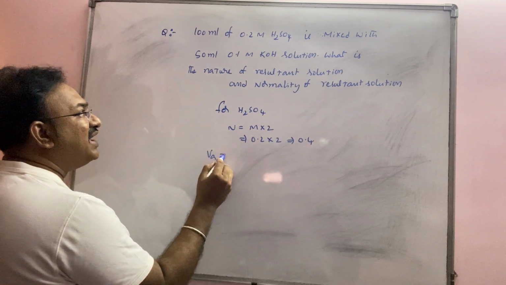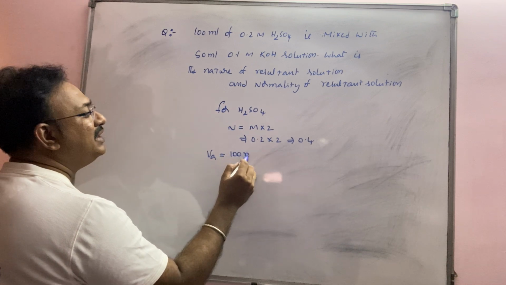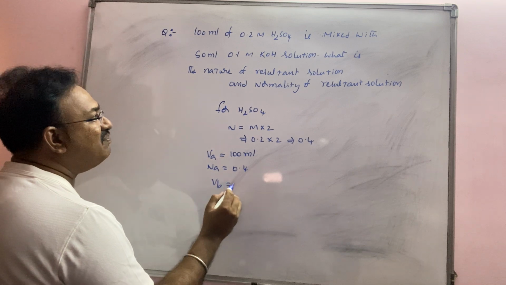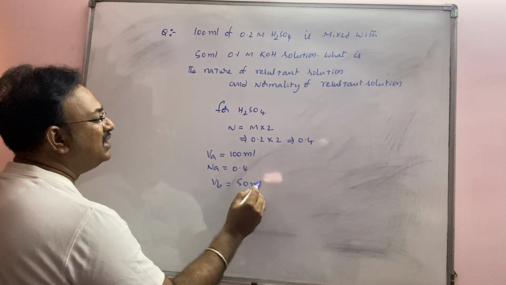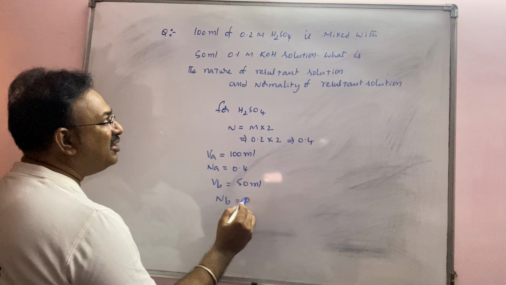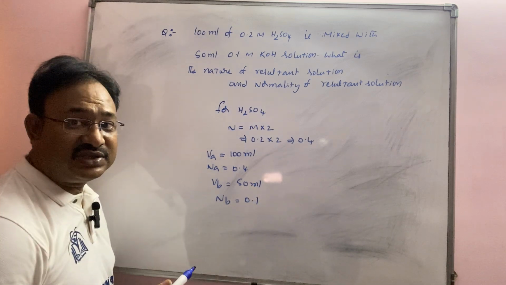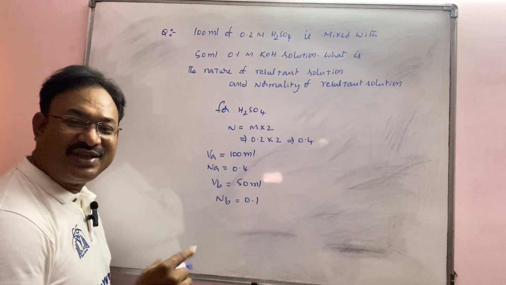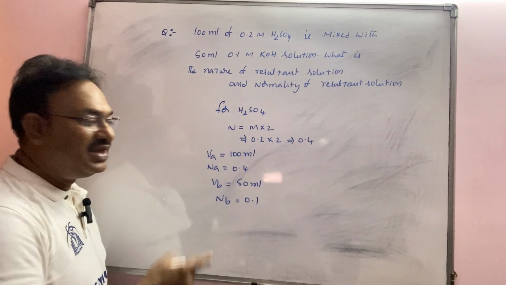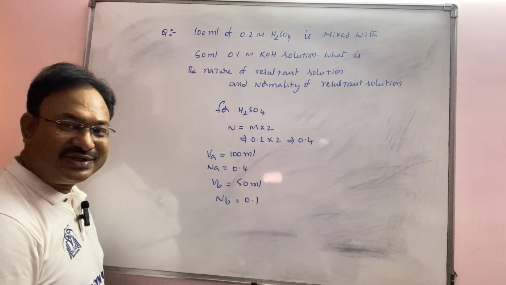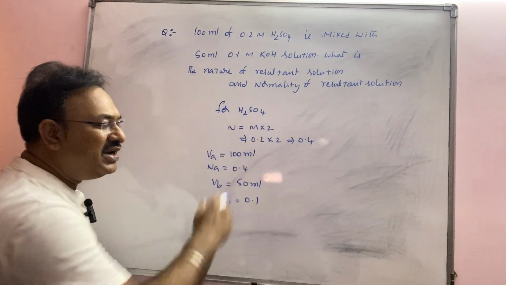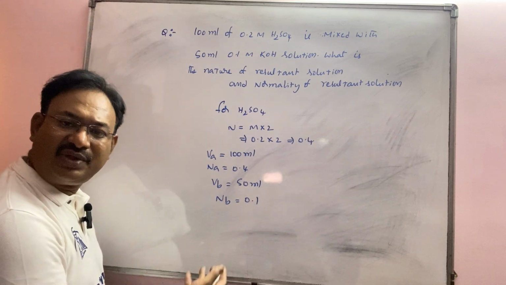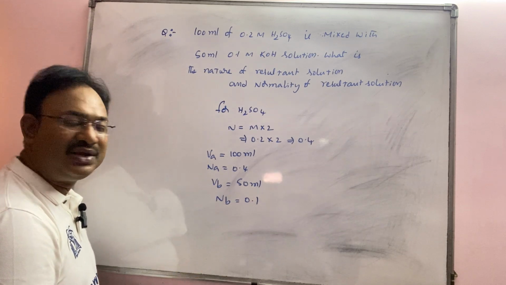So volume of acid is 100, normality of acid 0.4, volume of base 50 ml and normality of base is 0.1, because for KOH the acidity is 1, for H2SO4 the basicity is 2. So that is why here molarity into 2, here molarity into 1, that is equal to 0.1, directly taken as normality, right?